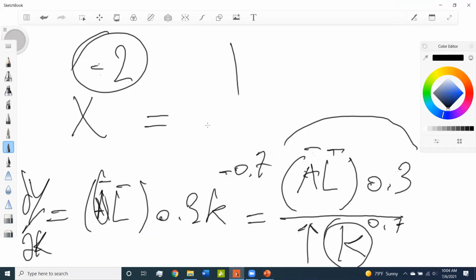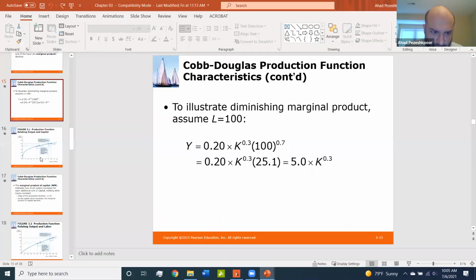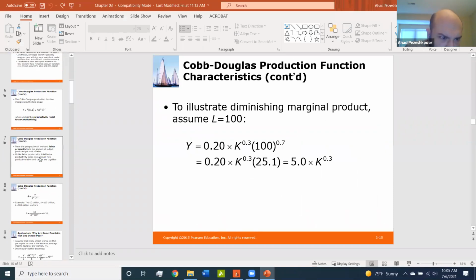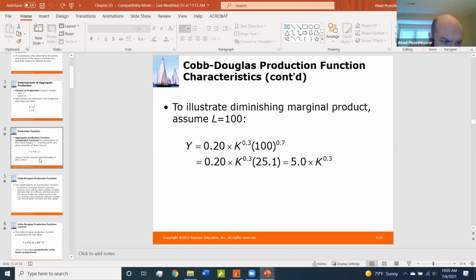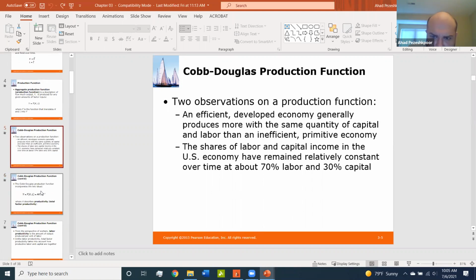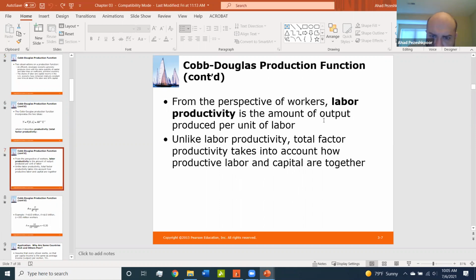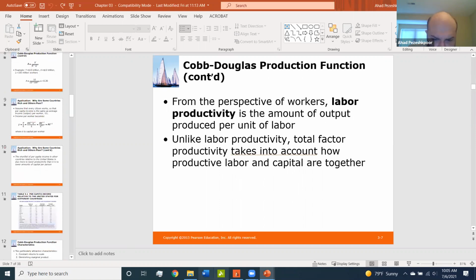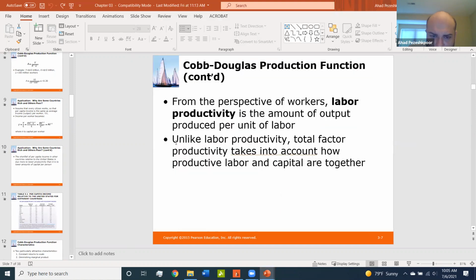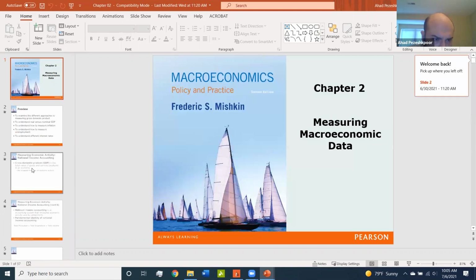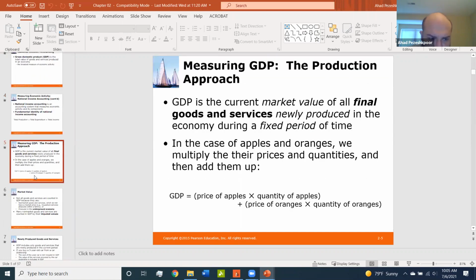That's in the slides, right? Where it says that. Pretty sure it is. We had a discussion on total factor productivity, labor productivity, in chapter 2, I guess. This is chapter 2.